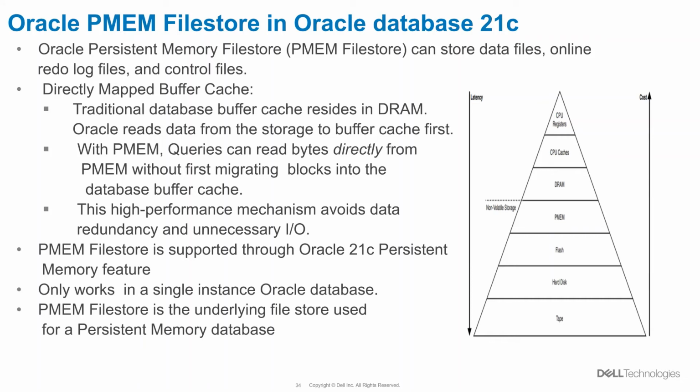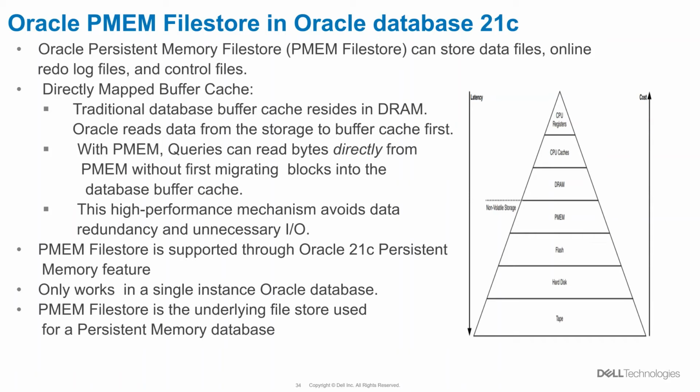But in this 21C, Oracle guarantees two things. One is it's safe to store Oracle database in persistent memory as a file system. There will be no issue with data corruption. So that's the first thing. Without this, we simply cannot do it.